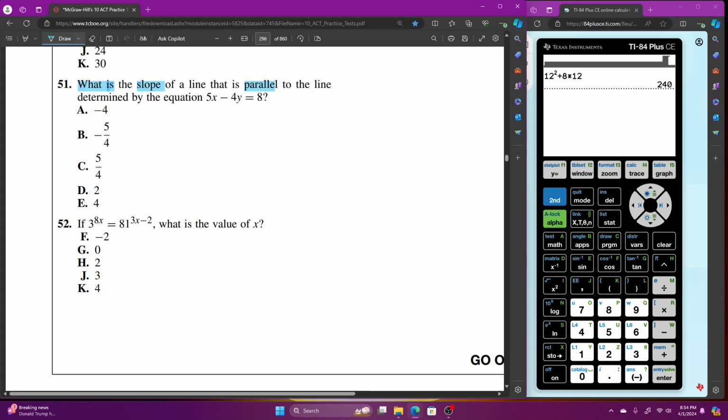What do we know about parallel slopes? Parallel lines have the same slopes. So we need to take our equation, find the slope, and then we'll have our answer.